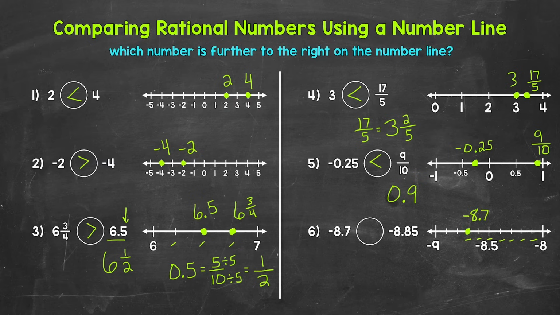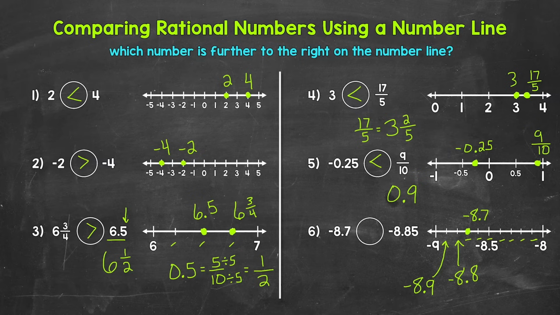And then negative 8 and 85 hundredths, this will be right in between negative 8 and 8 tenths and negative 8 and 9 tenths. Negative 8 and 8 tenths is right here. And negative 8 and 9 tenths is right here.